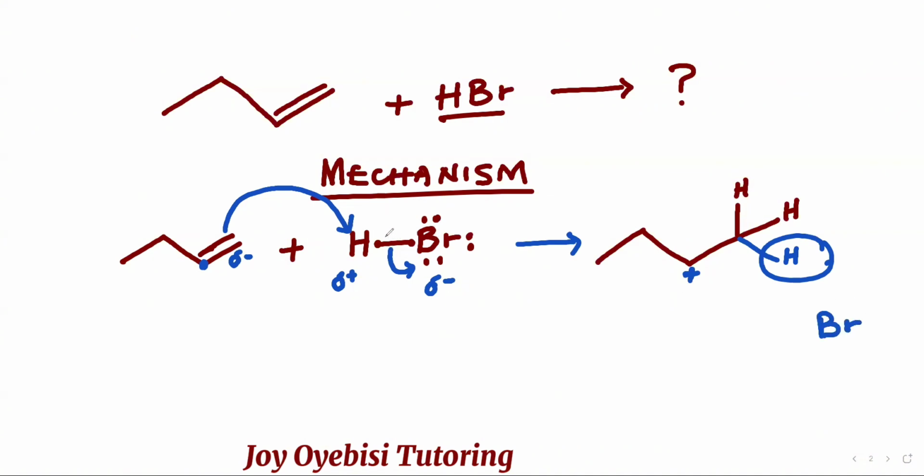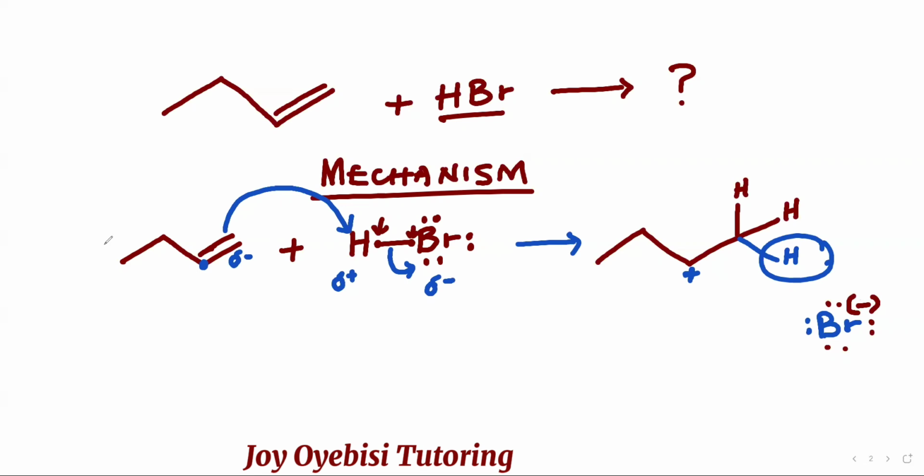Now, because this bond broke, and a bond has 2 electrons, that electron is going to be here, plus the original electrons that the bromine had earlier. So those electrons are still there. Because this bromine gained an additional electron, the electron from the hydrogen was added to it, it had 1, which is this, and then 1 was added to it, it gains a negative charge.